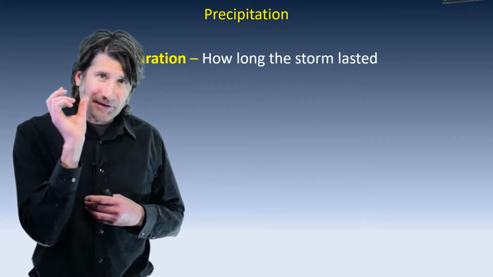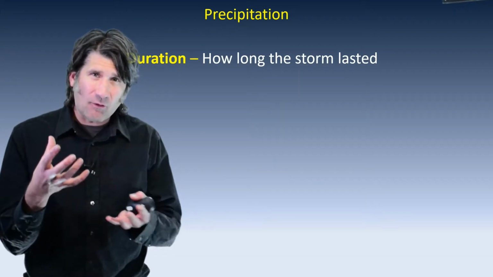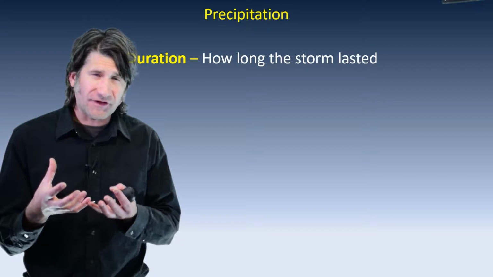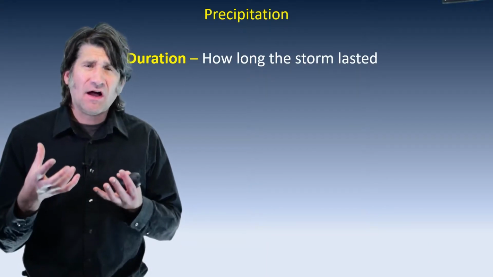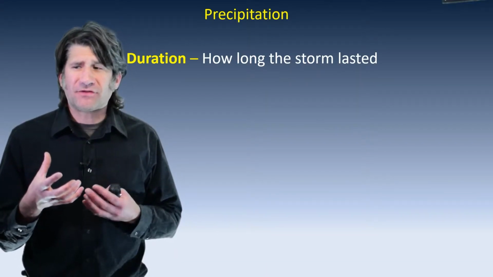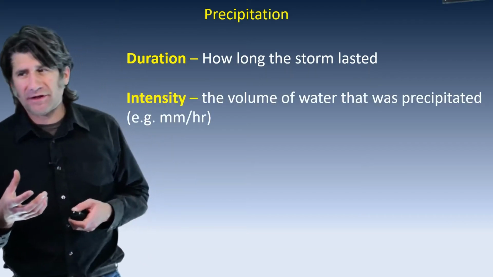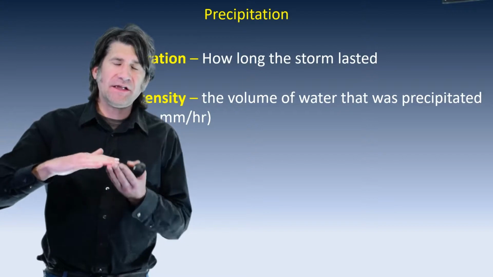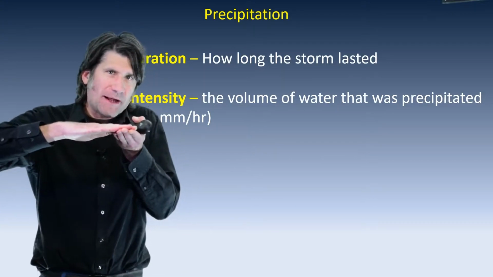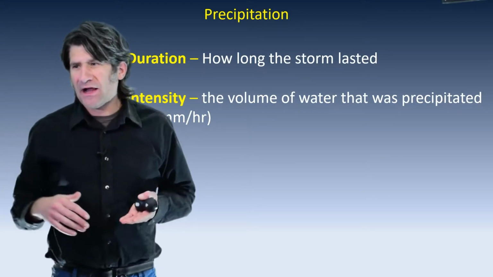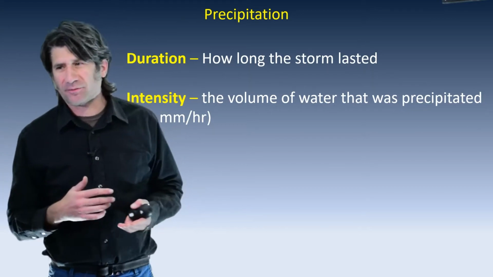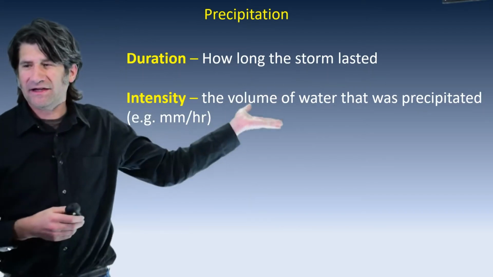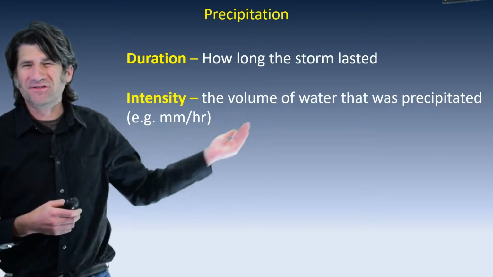When we think about geomorphic work and how that water is going to flow over the surface and the effects it might have, we need to think first about the duration, which is how long it rains, and the intensity of the rainfall, how hard it's raining. Is it raining just a small amount, maybe a millimeter per hour, or is it 10 millimeters per hour? So intensity is going to be very, very important.